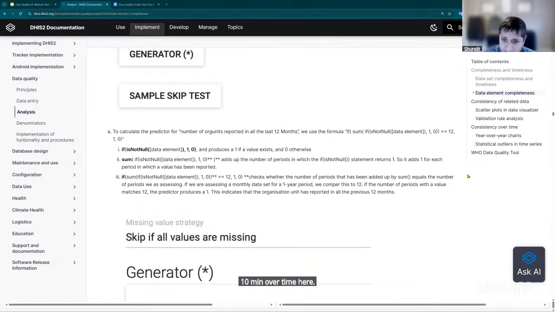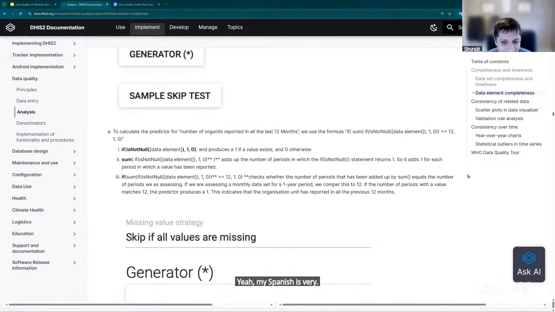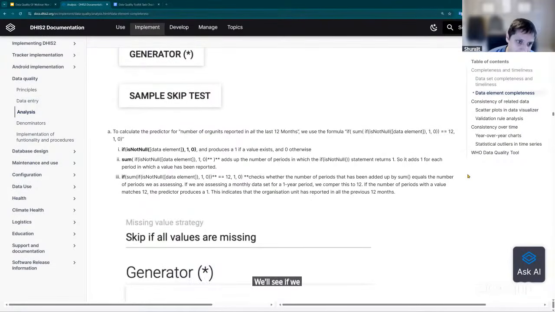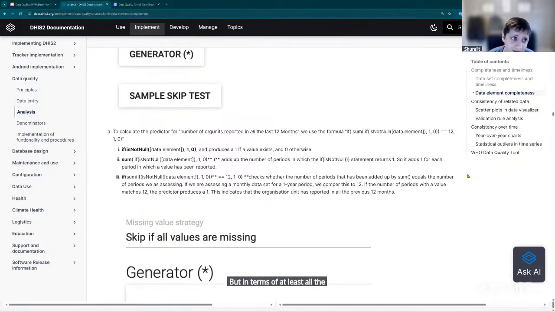You will have access to this in Spanish too. In terms of delivery, my Spanish is very poor, so unfortunately I can't deliver the webinar in Spanish. We'll see if there's enough demand for something like that. I know we're having the French specific webinar. But in terms of all the tools, you can get them to work in Spanish.